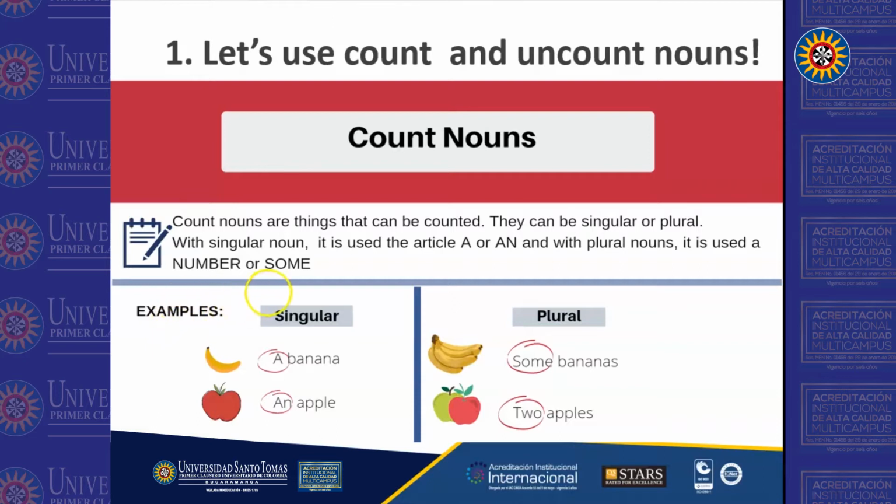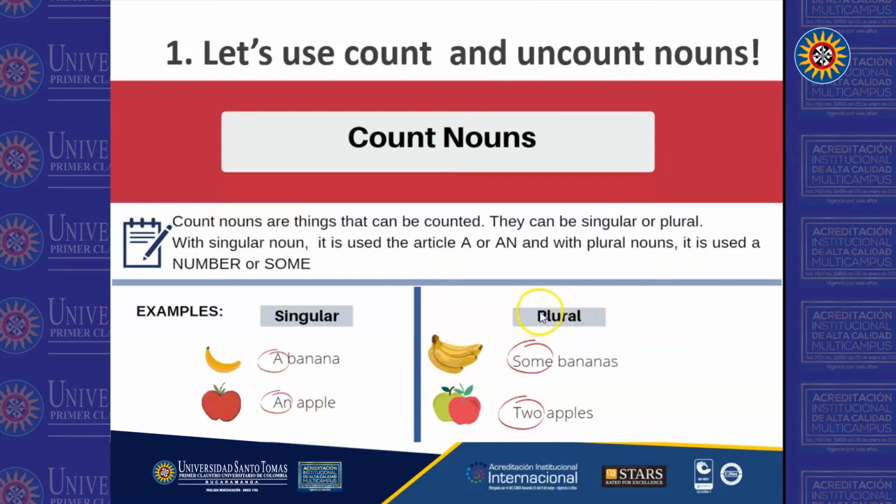With singular nouns, we use the article a or an. For example, a banana or an apple. We use an because the next word, the noun, begins with a vowel, the vowel A. That's why we had to use an.